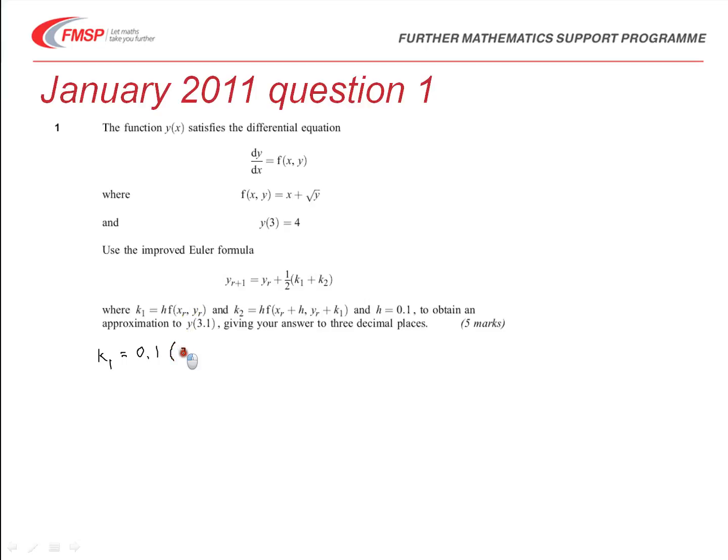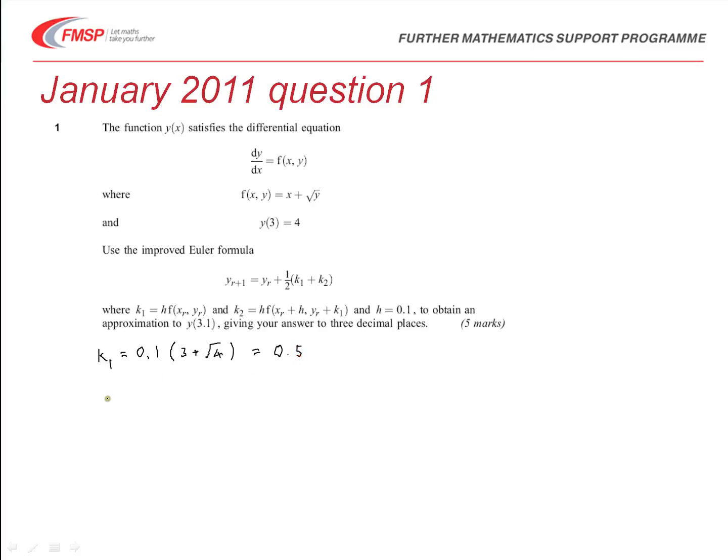So that becomes 3 plus root 4. That's x plus root y. Well, we know that root of 4 is 2, 2 plus 3 is 5, so this value is equal to 0.5.